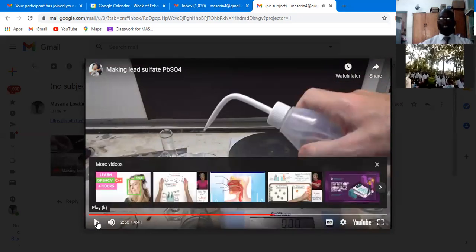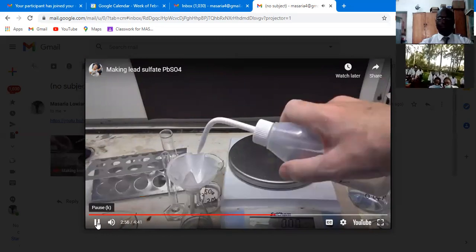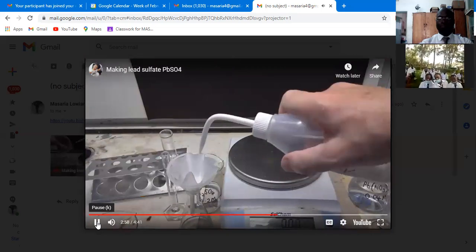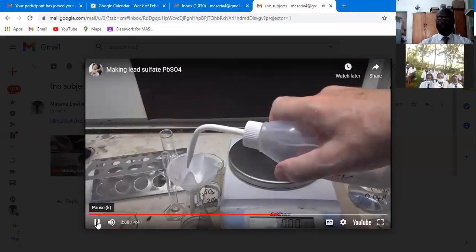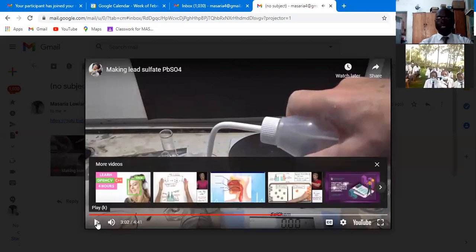You can see precipitation has taken place, and they are now filtering using a filter funnel on which we have fitted a filter paper. So that is rinsing the precipitate with the distilled water.